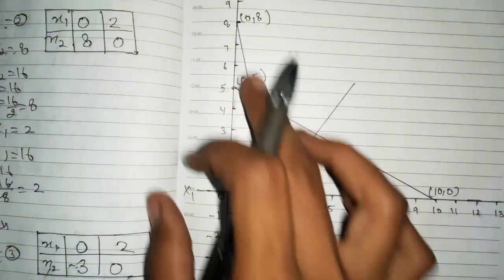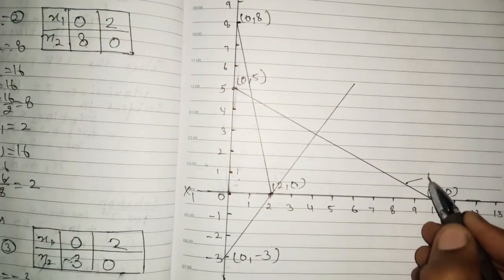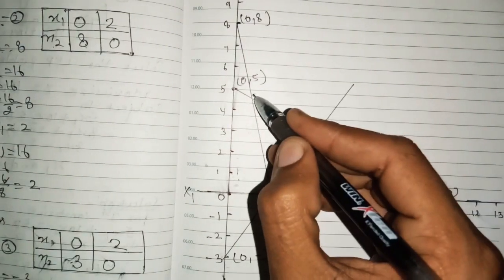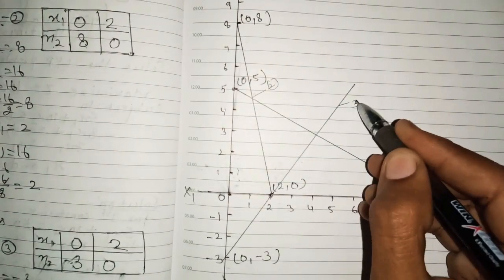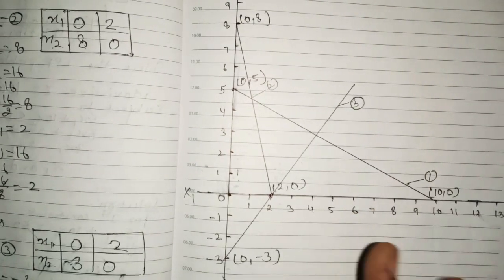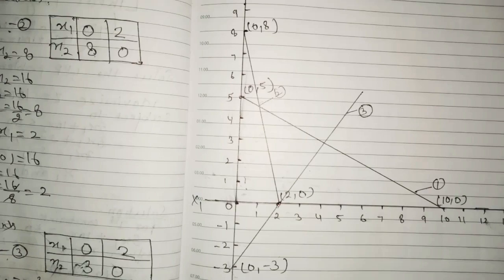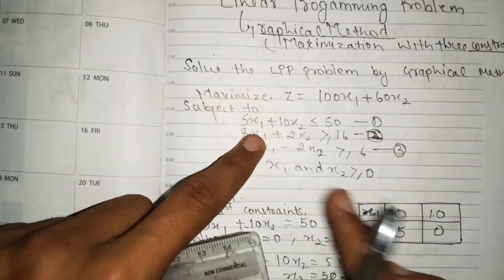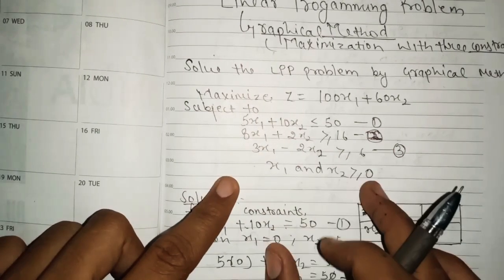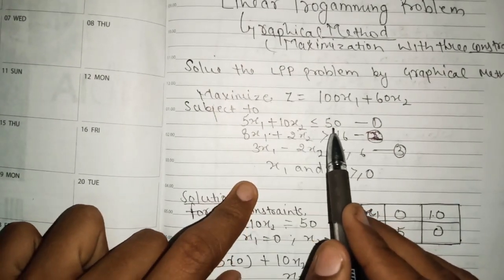So these are our lines in the graph. This is our first constraint line, this is our second constraint line, and this is our third constraint line. Now we look for the feasible region. To find the feasible region, we go to our constraints. 5x1 plus 10x2 less than or equal to 50.